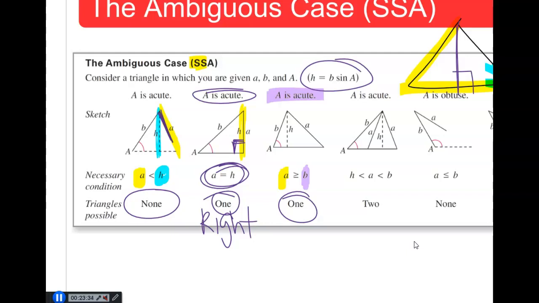Now, the case with two triangles, that occurs whenever the side A here is less than side B. You could see that here. It's pretty obvious that A is less than B. But also A is greater than H, greater than the height.